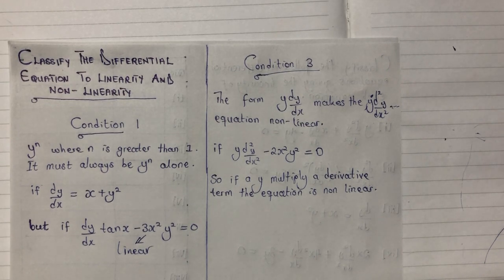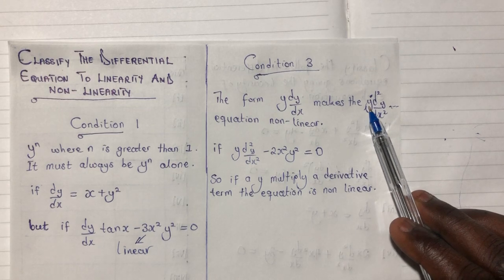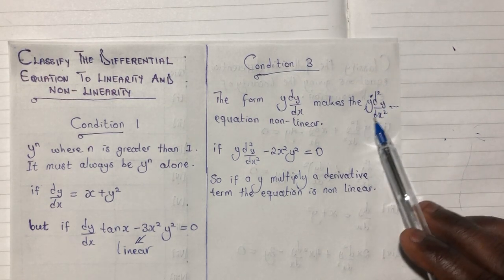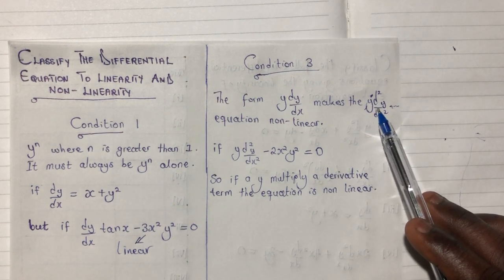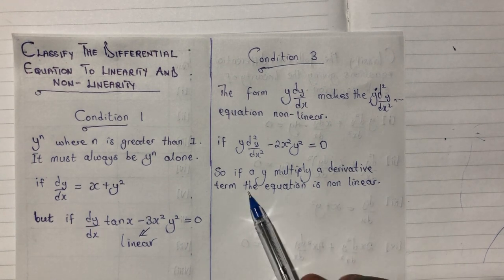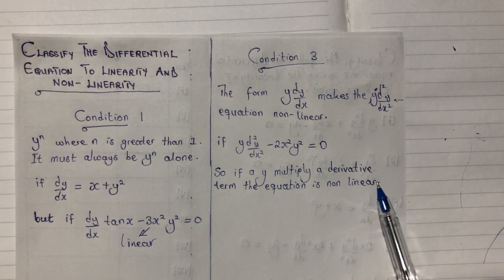I am actually trying to explain it in a way that will make you understand. So there are other ways you can learn this. So let me move on with what I have. When we look at this one too, we have y multiplying a second derivative. So this condition makes the equation nonlinear. So anytime y multiplies a derivative term, the equation is nonlinear.